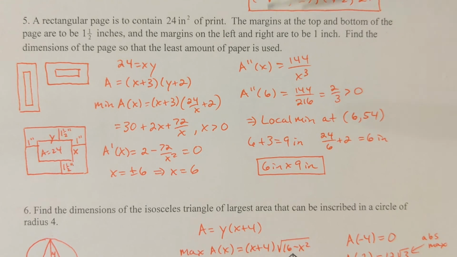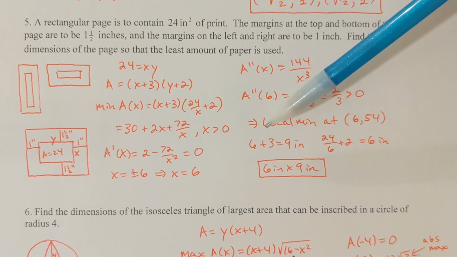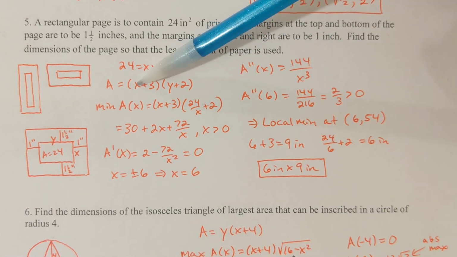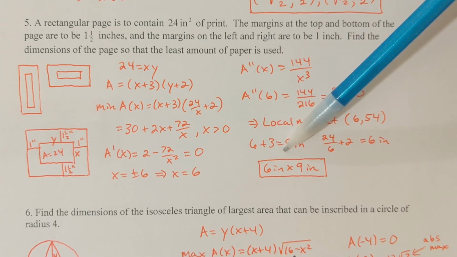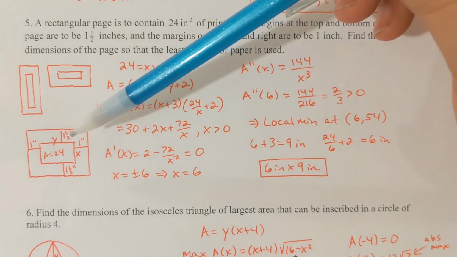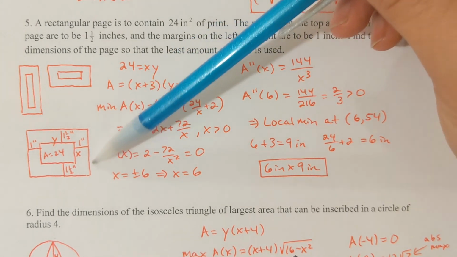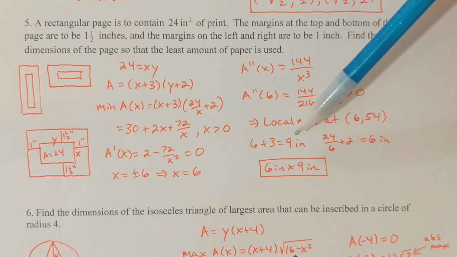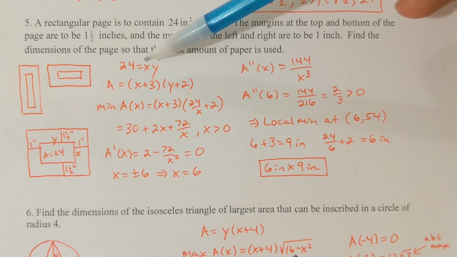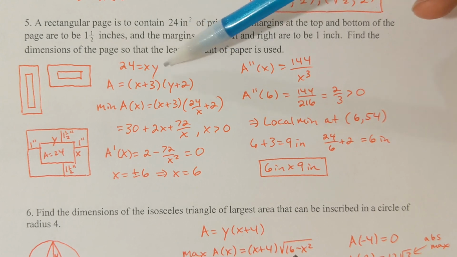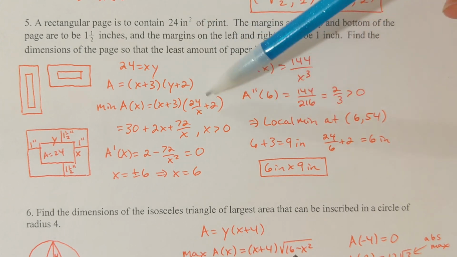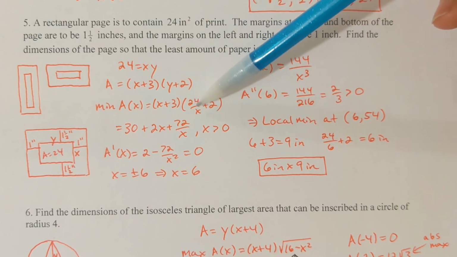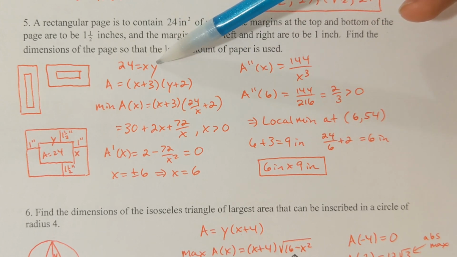All right. If x is 6, then 6 plus 3 is 9, and that would be the width that you'd want to go with there. And if x is 6, y would be 4, right? 24 over 6 is 4 for y.